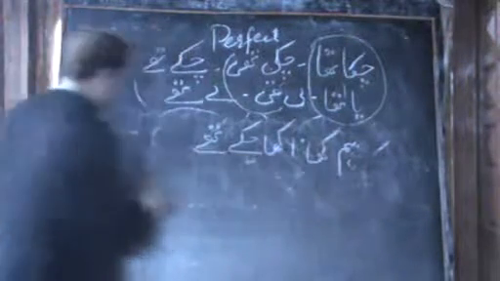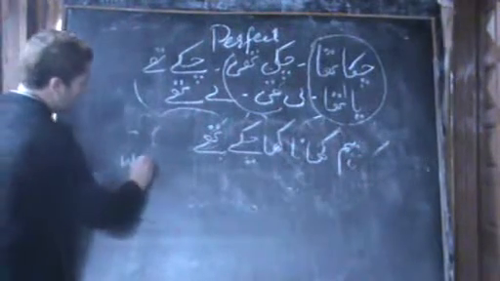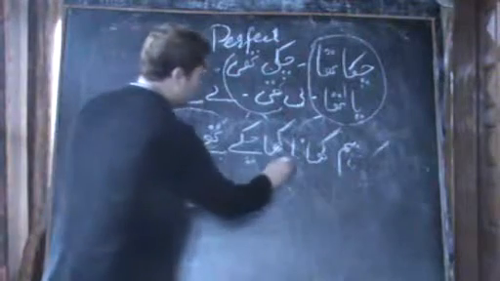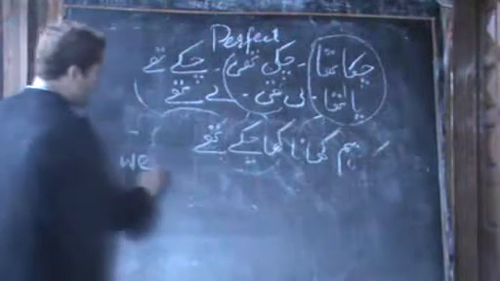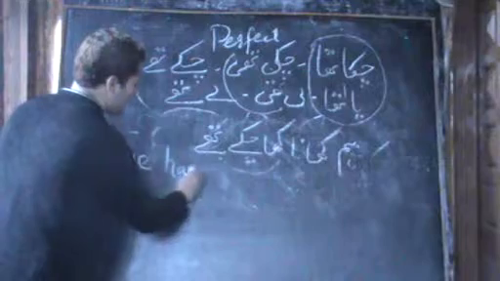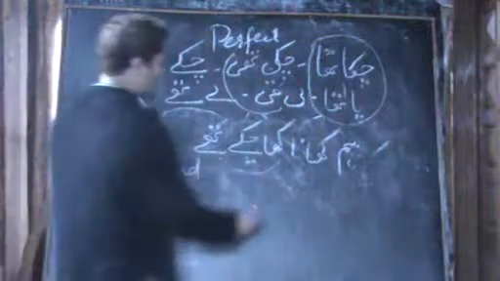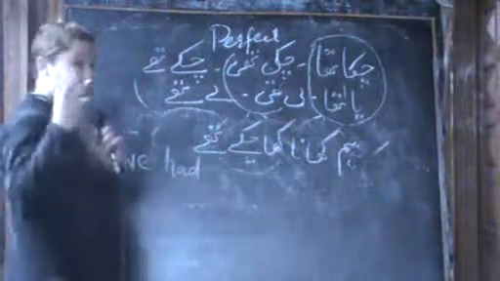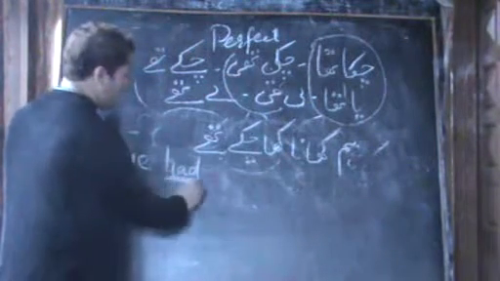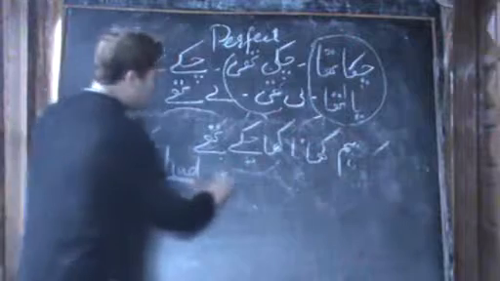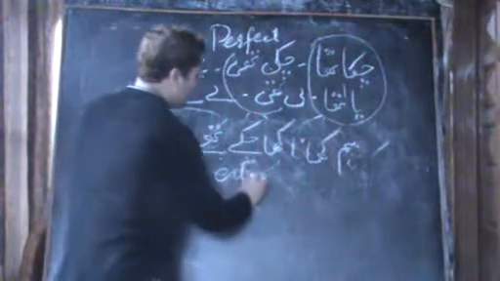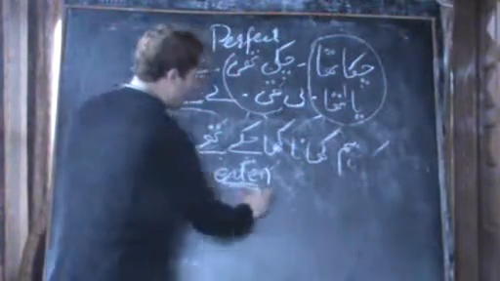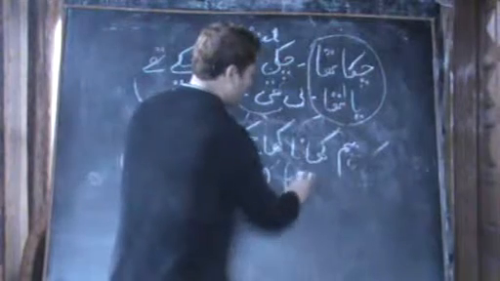So that's we. Then we have the translation of the helping verb. Then we have the translation of the main verb, that is eat, and we have to use the third form when we use had as a helping verb. We had eaten. Then the translation of the object, we had eaten food.